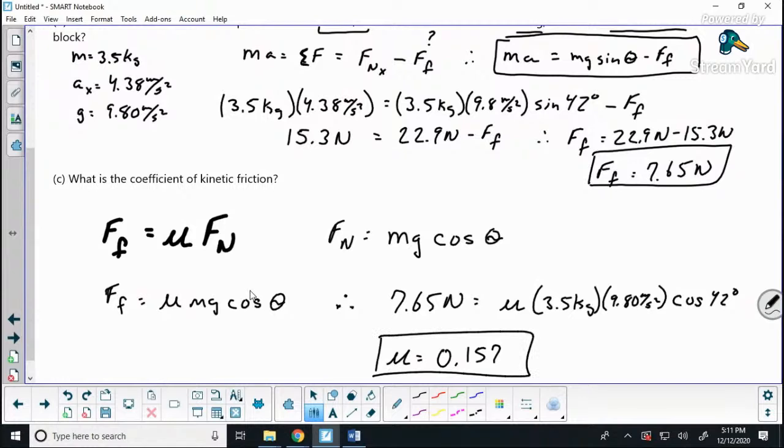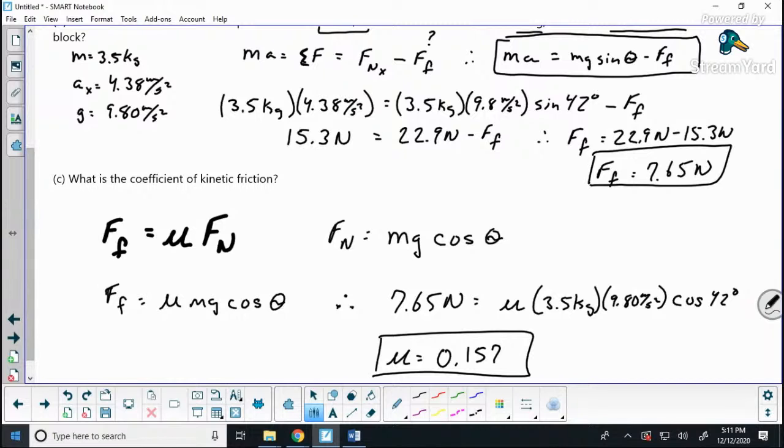And there's no units on coefficients of friction because, as discussed in a previous video, that coefficient of friction is telling you what percent or decimal percent of an object's mass is resulting in frictional force, what decimal percent of an object's weight is contributing to frictional force, not mass, weight.